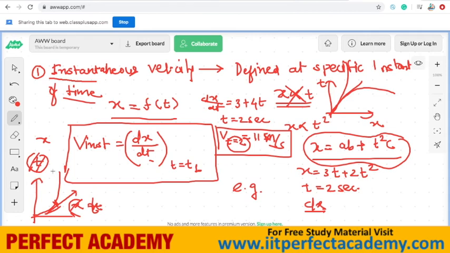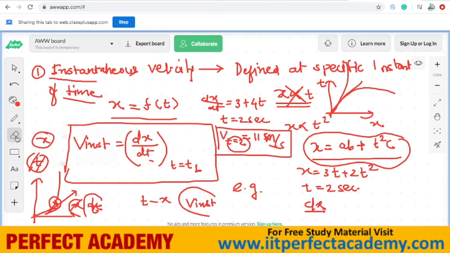Then the slope of this tangent drawn to the curve gives us the instantaneous velocity. This is the slope of a tangent drawn to the curve at any point where t is on the x axis and x is on the y axis, otherwise it will become the reciprocal of the slope.